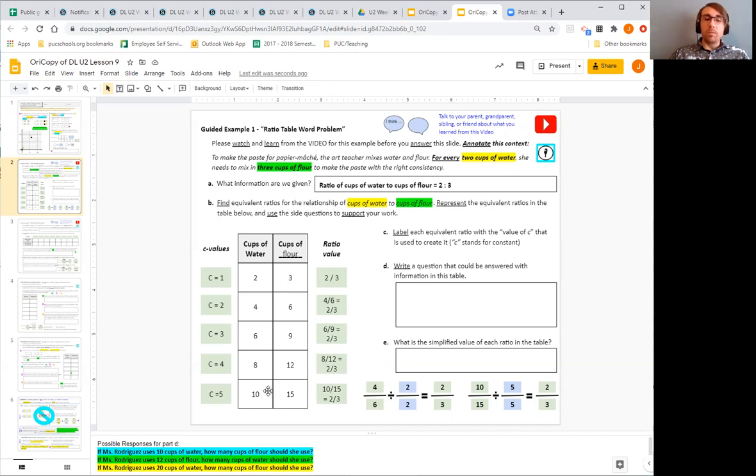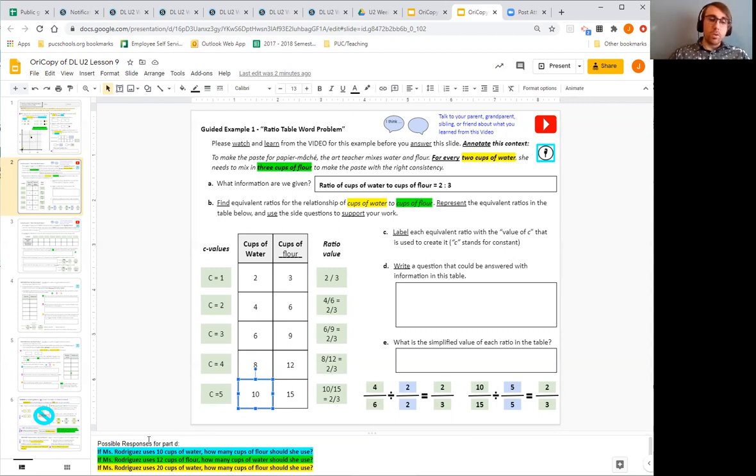Most likely they would be thinking about something kind of towards the bottom of the table. Otherwise, there wouldn't have been a point to going that far. But it also might be helpful to think about going beyond the table and thinking about, well, if we got to 10, couldn't we get to 20 or to 30 using the same process, or even like skip counting straight down to there?